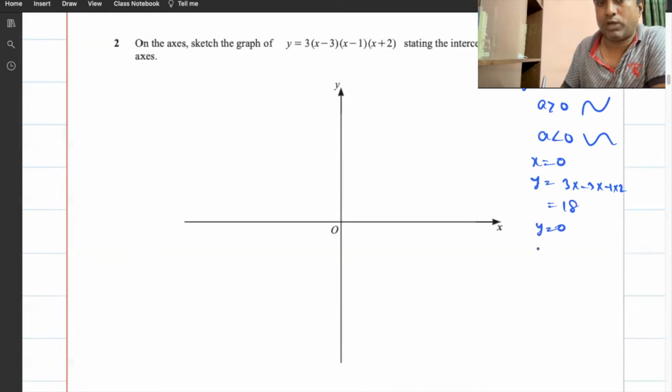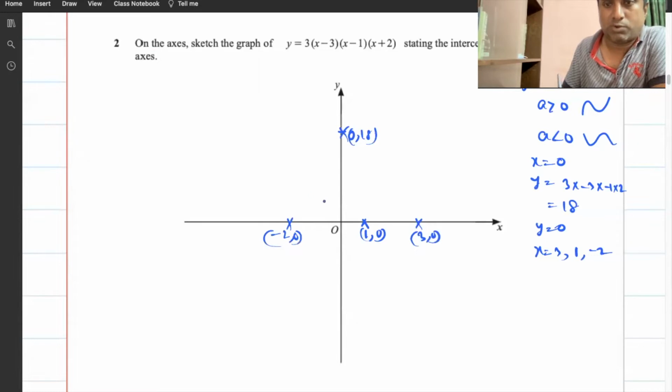If y equals 0, we have x equals 3, 1 and minus 2. So let me use these values: (1, 0), (3, 0), (minus 2, 0), and (0, 18). Now let me draw using these points, since the x cubed coefficient is positive, that is the first shape. Let me draw it that way.